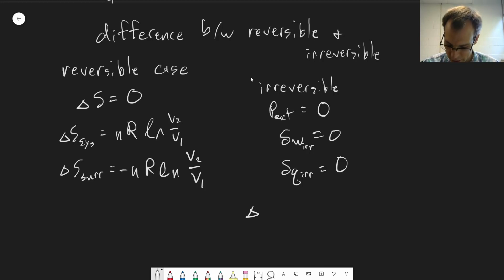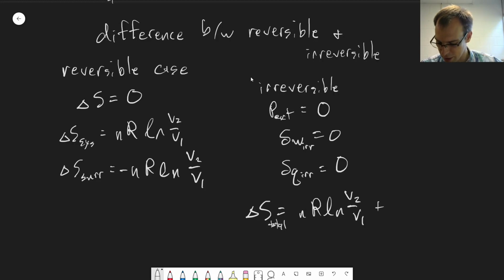So delta S total will be equal to our change in S for the system, nR log V2 over V1, plus our change for the surroundings. In this case, that's 0, because there's no heat transfer happening here.